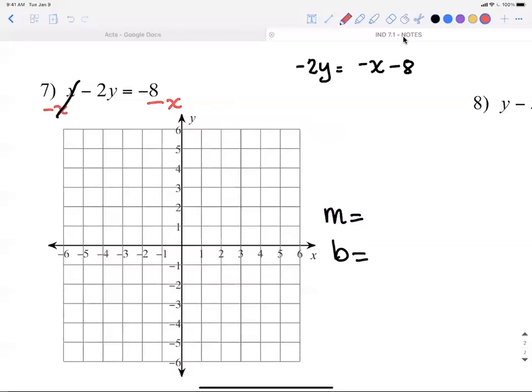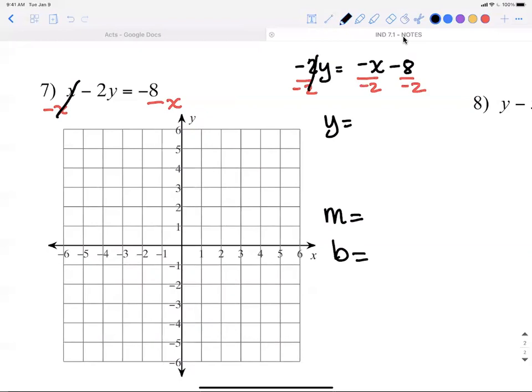Now, I'm going to divide everything by a -2, right? Because I want to get that y by itself. This is the part I wanted to make sure and point out. Don't leave that as -x/2, because that does not help you at all to identify your m. You need a fraction separate from the x. So I'm going to split these two apart.